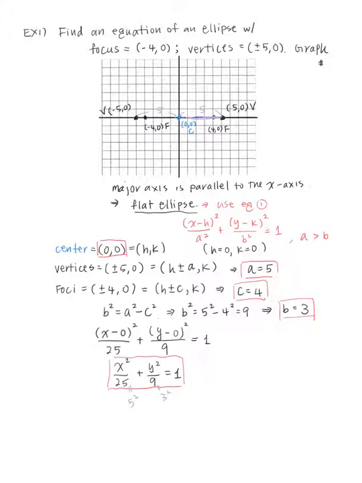So you go 1, 2, 3 and plot the dot, and 1, 2, 3 and plot the dot. These two points are the co-vertices. Therefore, the co-vertices are at 0, 3 and 0, -3. All right, now let's draw the final graph.